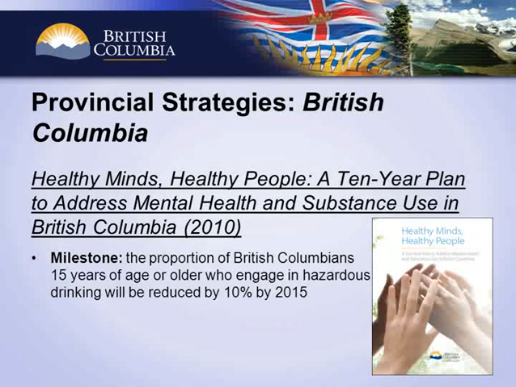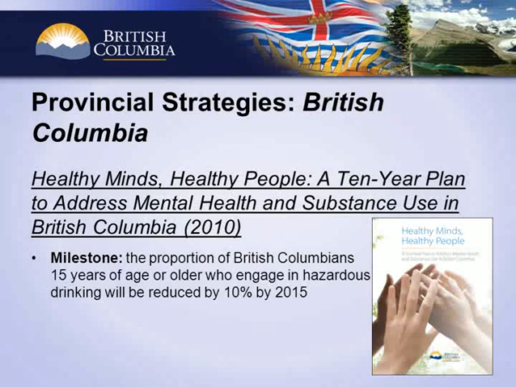Now, turning to my own province of British Columbia, alcohol action is embedded in our 10-year plan for mental health and substance use in the province, entitled Healthy Minds, Healthy People.